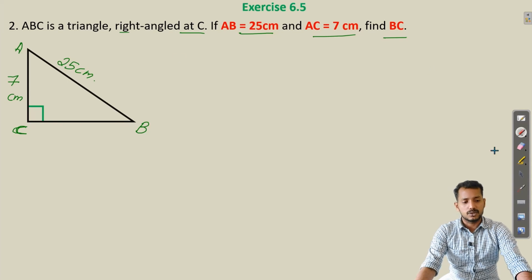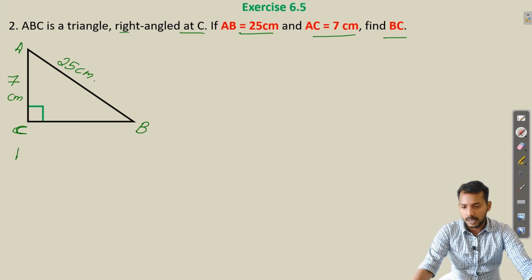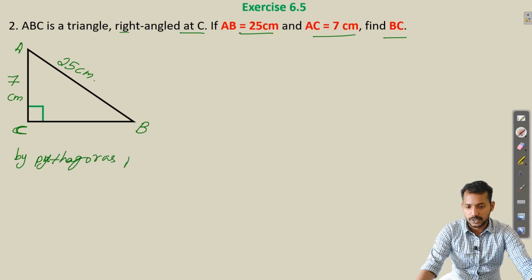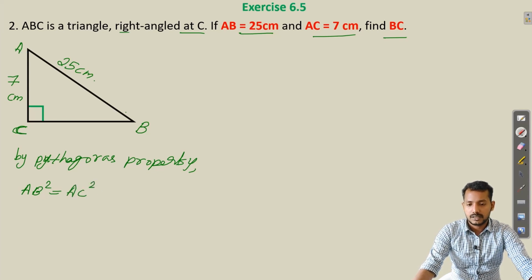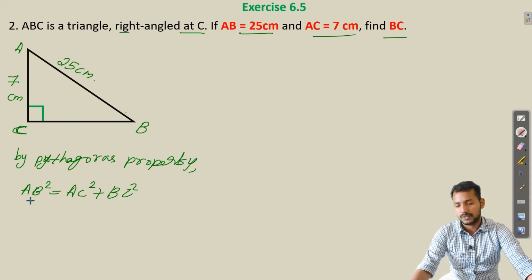First apply the Pythagoras property. By Pythagoras property, hypotenuse square, here hypotenuse is AB. So AB square is equal to AC square plus BC square, the sum of the squares of the other two sides.